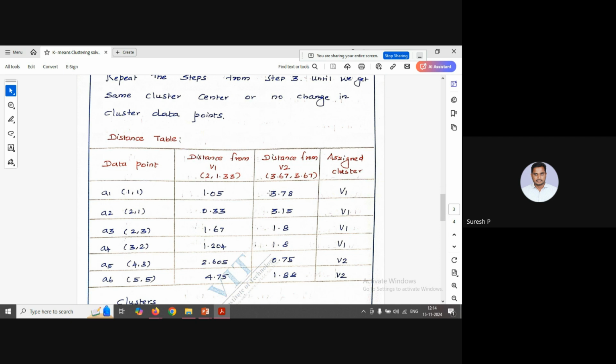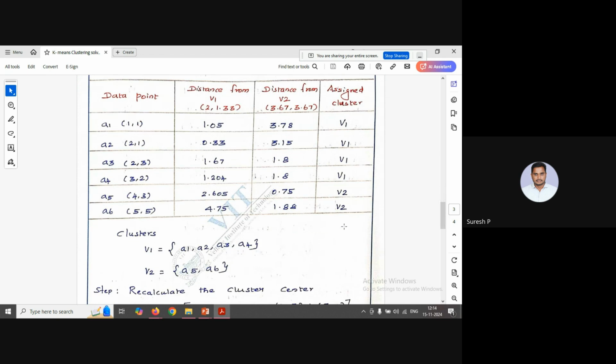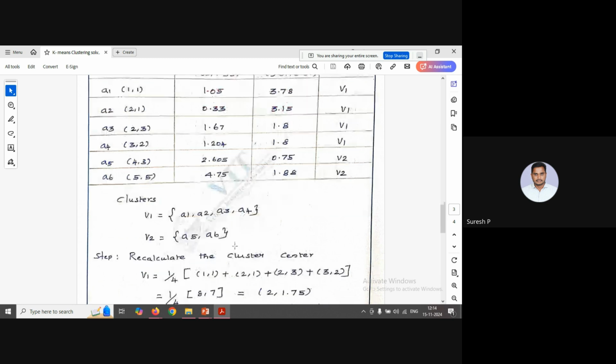Here 1.05 and 3.78. V1 has less distance, so A1 will be added in V1. Here 0.33, V1. Here 1.67, V1. Here also V1. So this will be V2, V2. Now the clusters have changed. Is it clear? Now in V1 we have A1, A2, A3, A4. In V2, A5, A6.